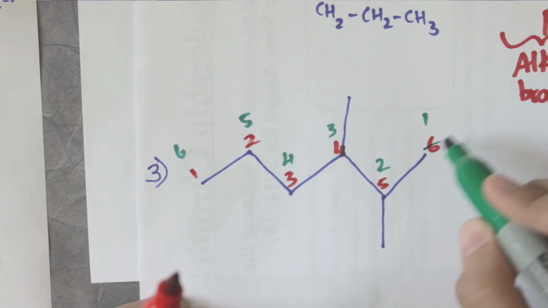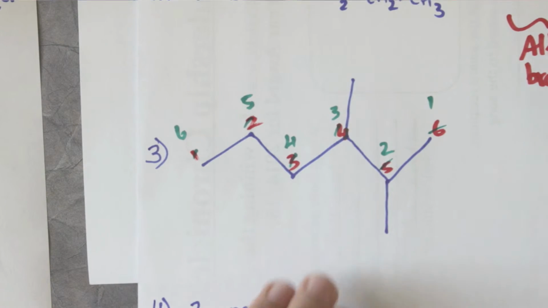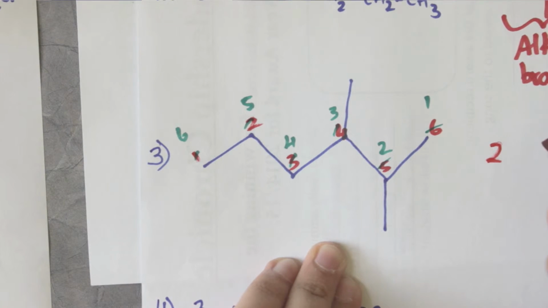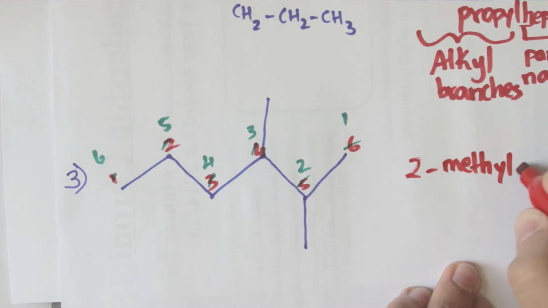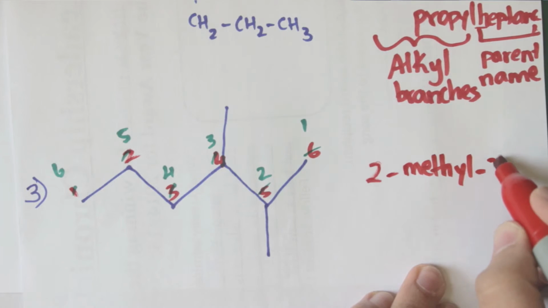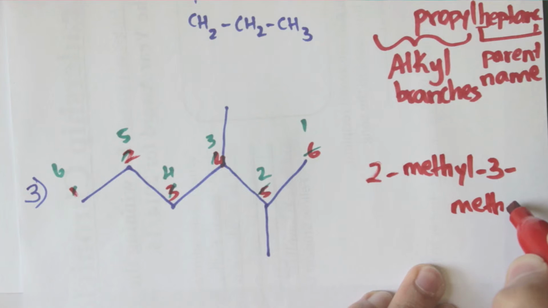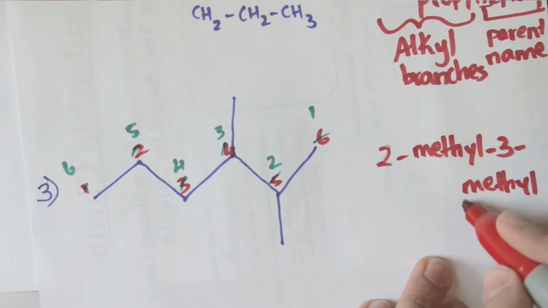So now can you erase these numbers? I have 2 methyl branches, so the name is going to be 2-methyl, again a hyphen, 3-methyl, and the total is 6, so it's going to be hexane.